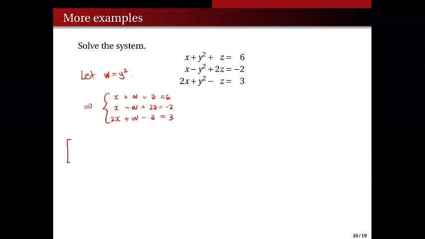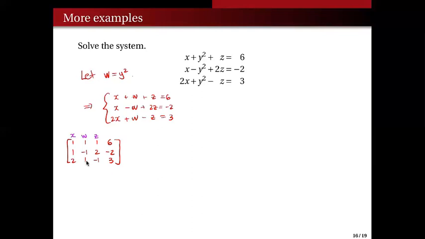So first, augmented matrix. We have 1, 1, 1, 6. And then we have 1, negative 1, 2, negative 2. And then we have 2, 1, negative 1, 3. Keep in mind, this is x, this is w, this is z.